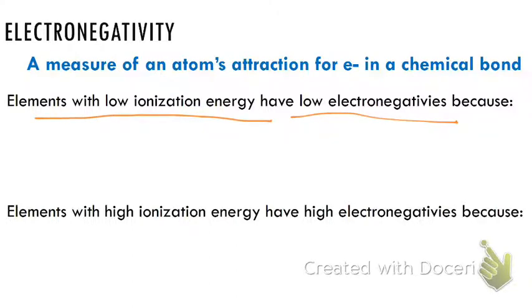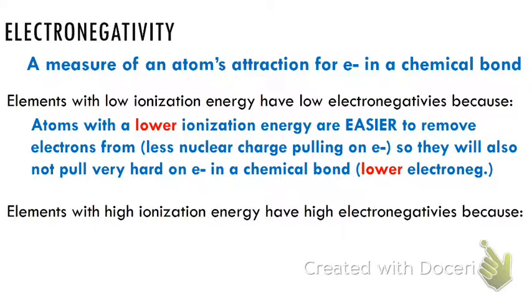You're not going to have to analyze quite as much of the how or why, but it is important to understand the why so that we can get this part down. So I'm going to help you with this first one. Elements with low ionization energy, that means that it's easy to remove an electron from them. It's low energy, easy to do. That's easy to remove because there's less of a nuclear charge pulling on those electrons. More shielding or fewer protons one way or the other.